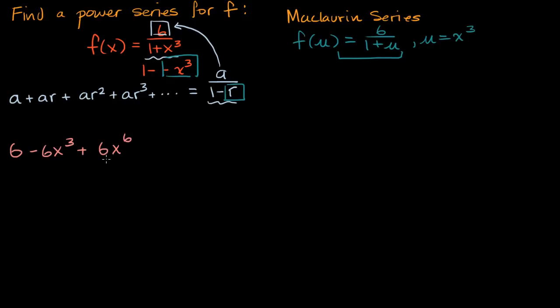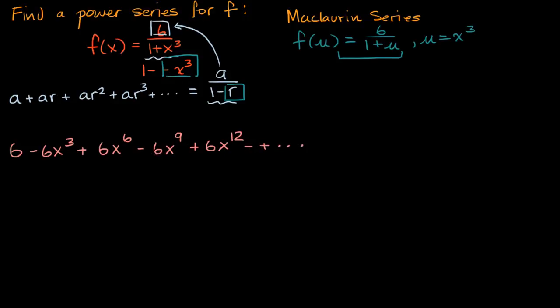And then I'm going to multiply by negative x to the third again. So it's going to be minus 6 times x to the 9th power. And I could keep going. I'll multiply times negative x to the third. I will get 6x to the 12th power. And we can go on and on and on forever.